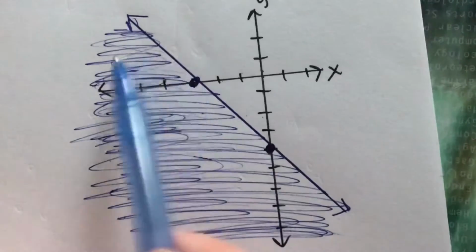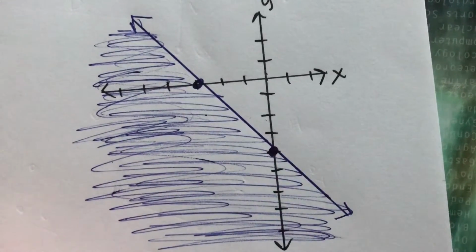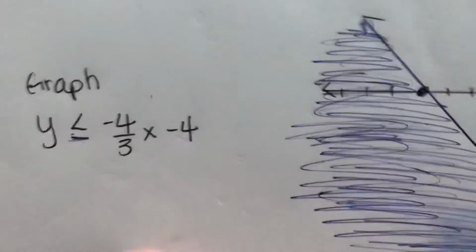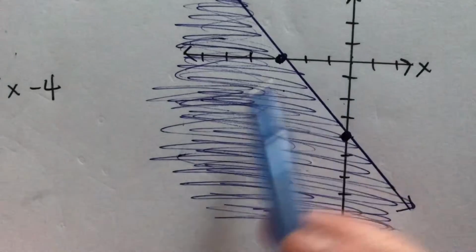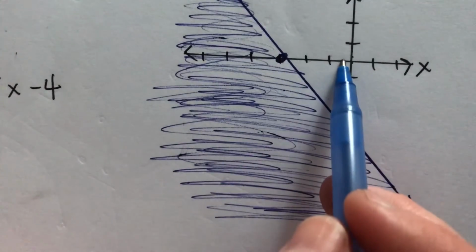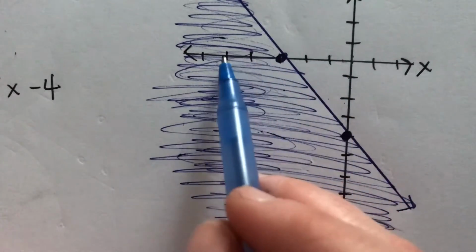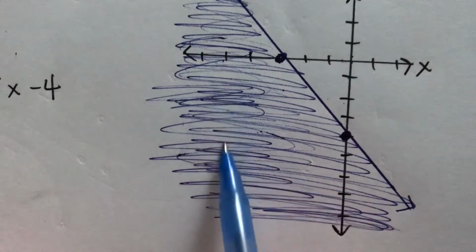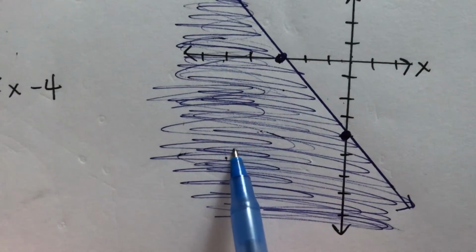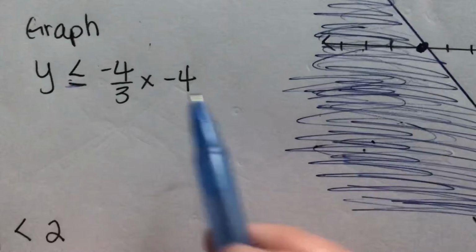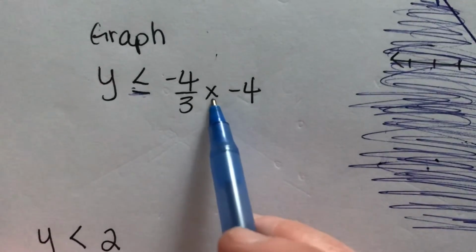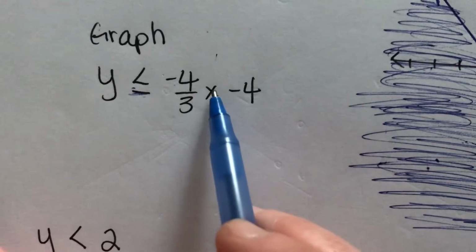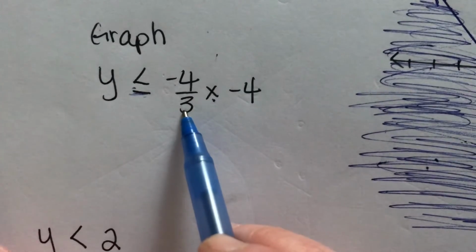And this represents, the shaded part represents all of the coordinates or all of the points that could be solutions to my equation. So I could pick the point in the shaded region that's like at negative 5, 5. Negative 5, right? I could plug that in here. If I plugged a negative 5 in here, negative 4 times negative 5 is 20. 20 divided by 3, 21 divided by 3 is 7.